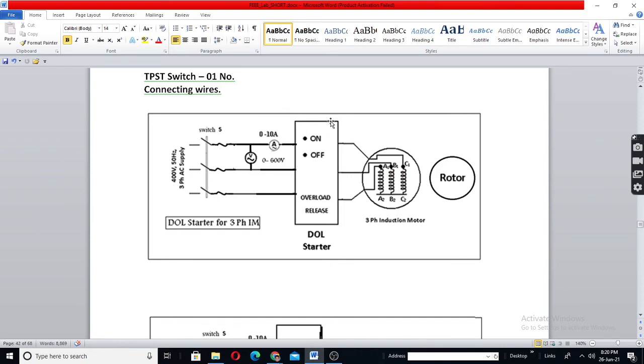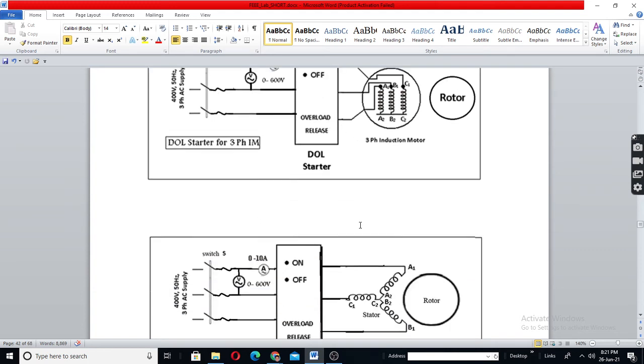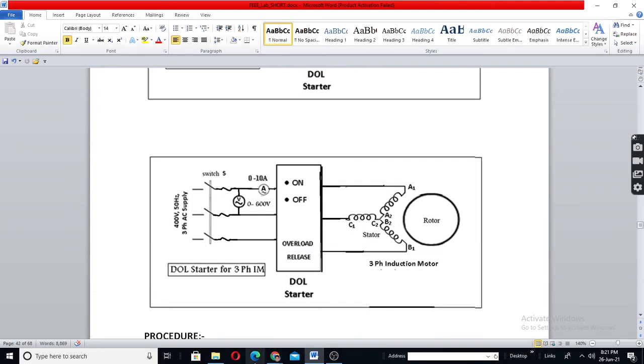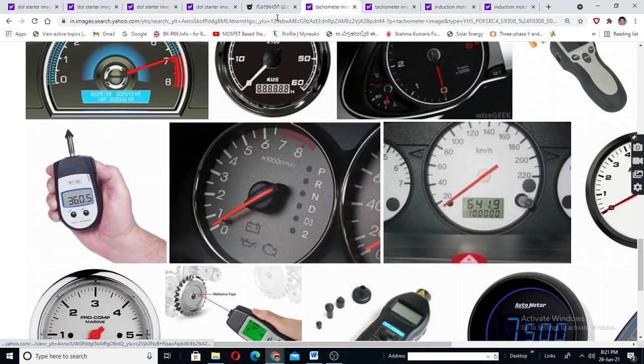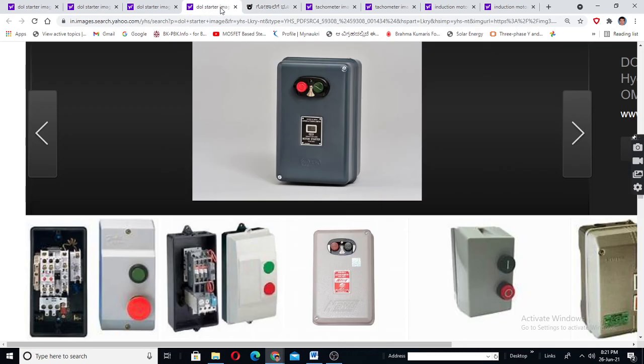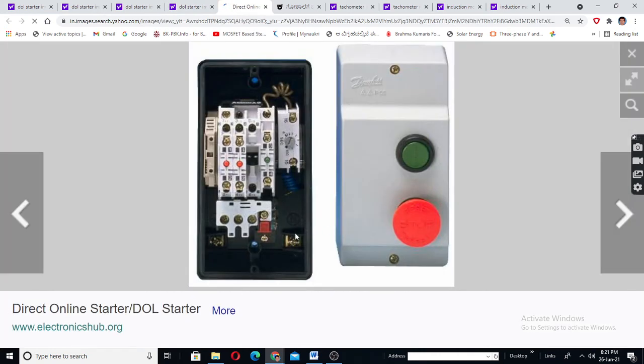See, the DOL starter has an extra facility, overload release. You can set the value of current. There is a small knob. If you open, see here, this is the setting.